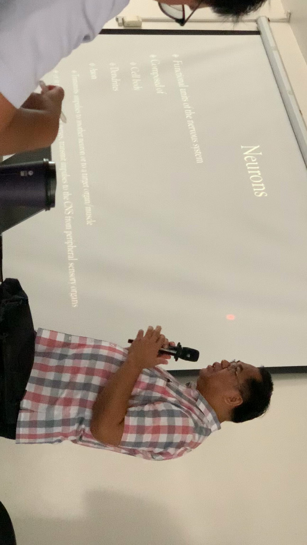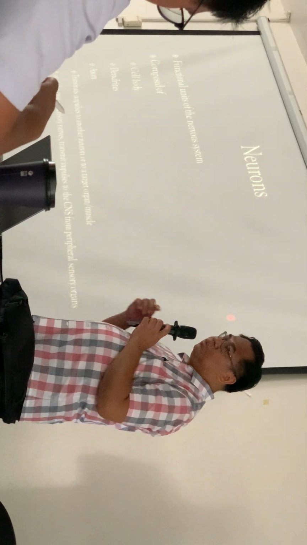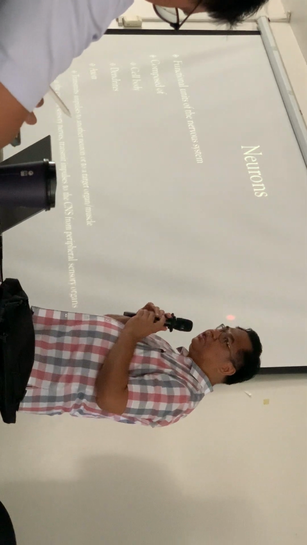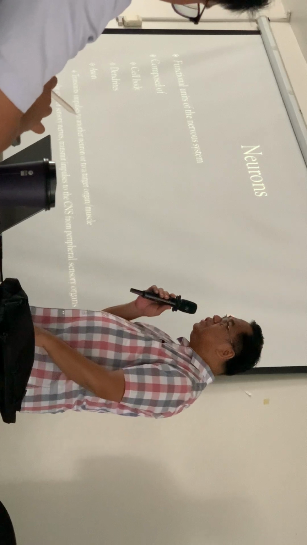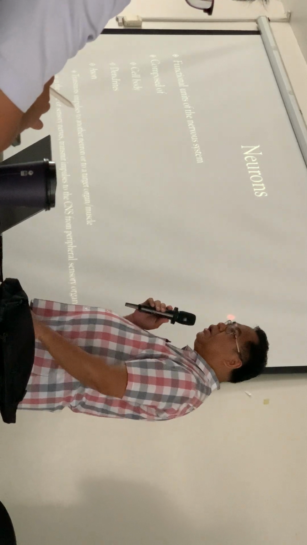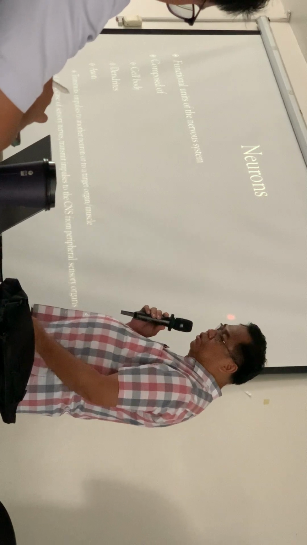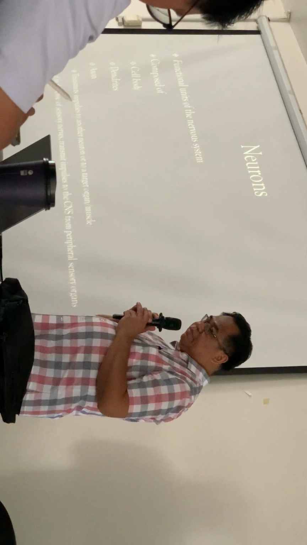To understand the function of the nervous system, we have to go down into the basic functional unit of the nervous system. And the basic functional unit is the nerve cell. Another name for nerve cell is neuron. So the neuron is the functional unit of the nervous system.